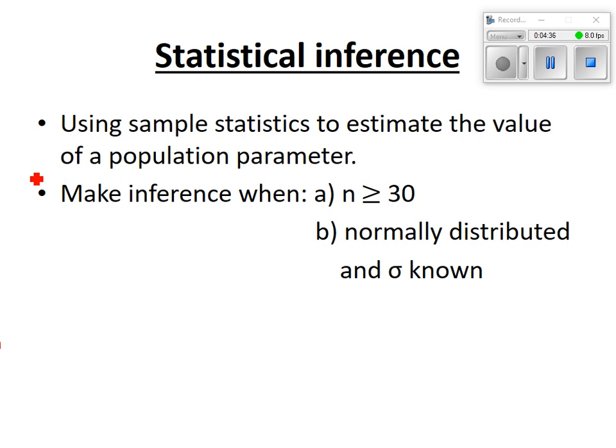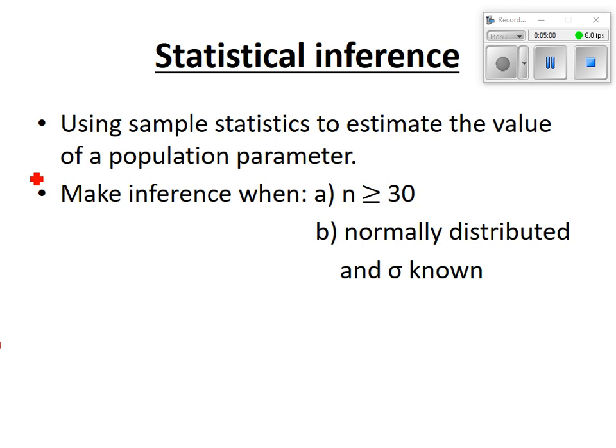We can make an inference when our sample size is greater than or equal to 30 and the sample is normally distributed. Or we know the standard deviation of the population. Normally, we will not know the standard deviation of the population.